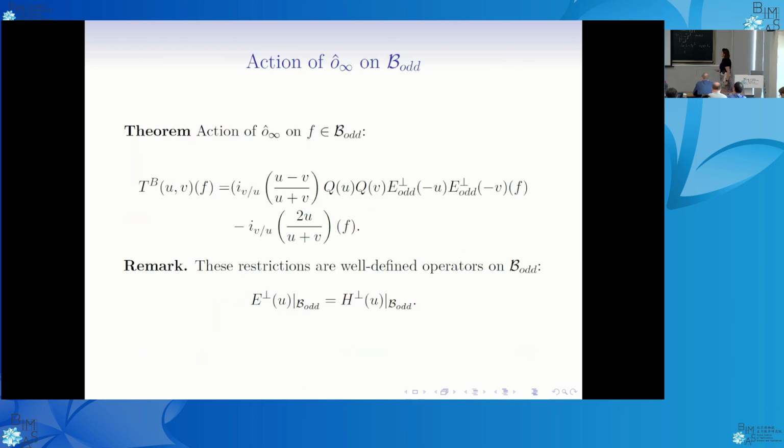And the last thing which I want to mention: I did not say how exactly O infinity acts on this space. This is how O infinity hat, in terms of symmetric functions, acts on, in general, any element of B odd. So we can take any element here. And if you want to know how an element of O infinity hat acts on this odd symmetric function, we have to do the following.